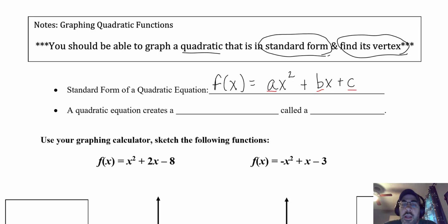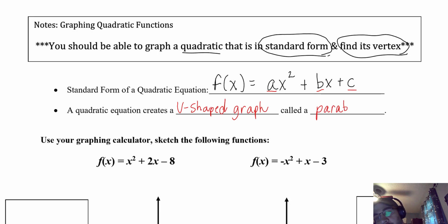But the x squared is always going to be there, and most of the time the x variable will also be there. A quadratic equation creates a U-shaped graph and we call that graph a parabola.